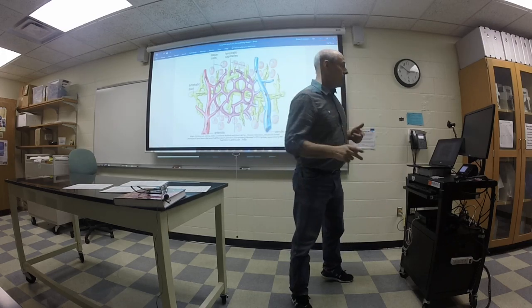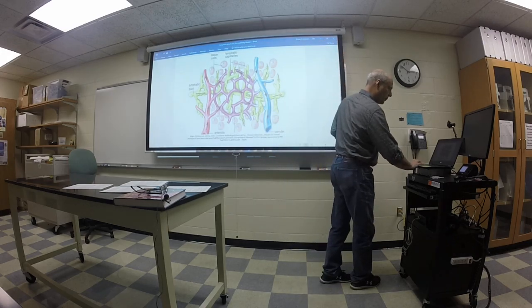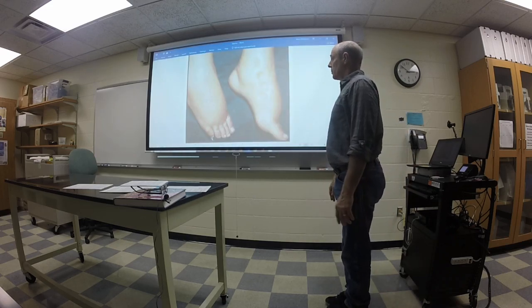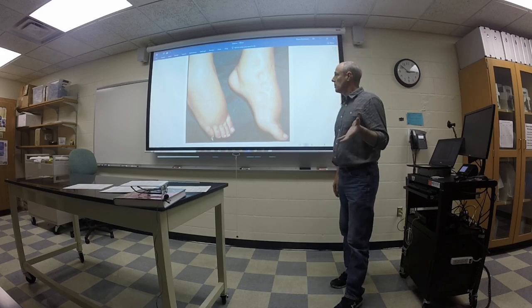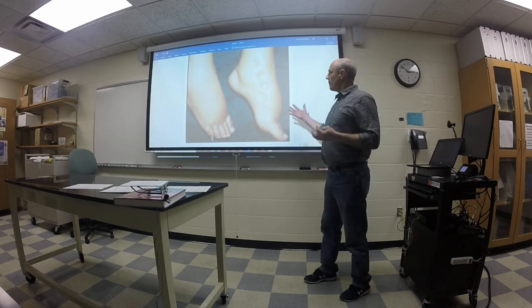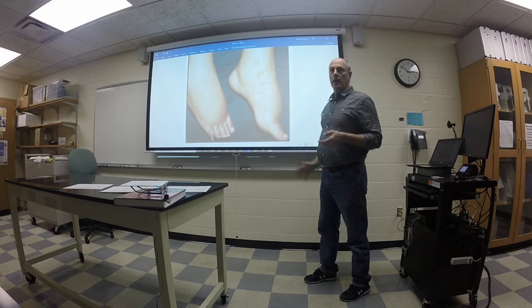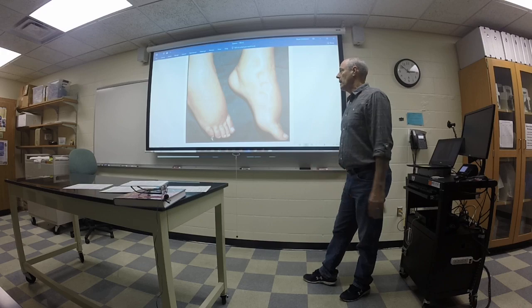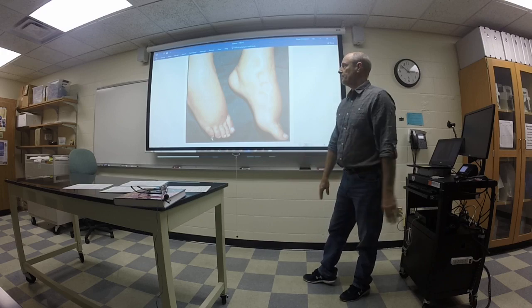And we've already talked about the topic of edema. If you remember this picture that I showed you before, it has to do with the circulatory system, but the lymphatic system is also involved. Obviously, if you've got a fluid buildup in a part of your body, the lymphatic system isn't doing its job for some reason.